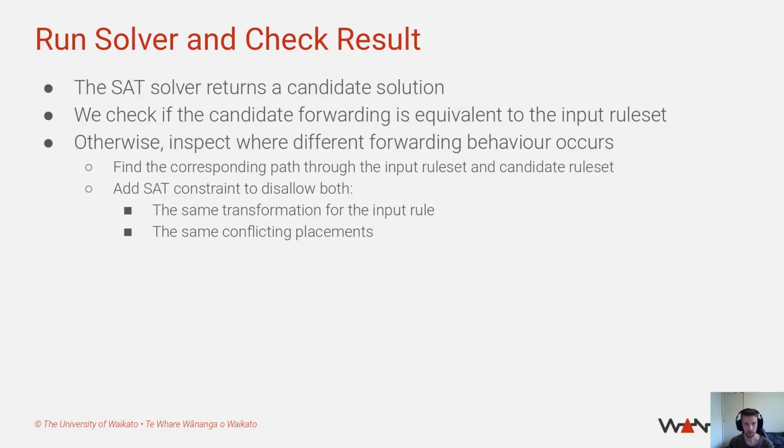Otherwise, we inspect where different forwarding occurs, and we correlate the forwarding path that should have been taken through the input rule set with the path that was actually taken through the candidate rule set. And we then incrementally add these as constraints to the SAT problem to disallow this known conflict in future solutions.